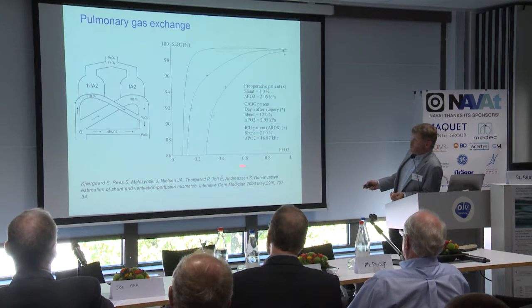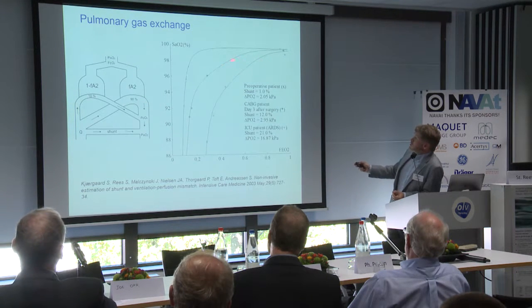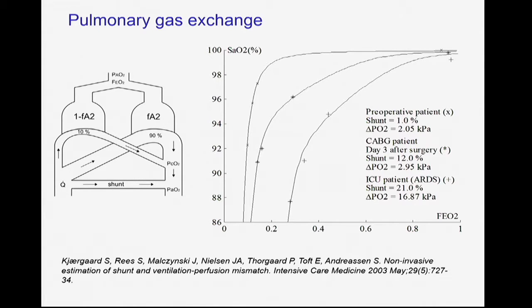And we characterized with simple changes in inspired oxygen the relationship of low VQ, high VQ, and shunt in preoperative patients, postoperative CABG, and ARDS patients here, where, of course, pulmonary shunt flattens the curve and low VQ pushes it across, so one can understand different components of the physiology by making simple changes in inspired oxygen.